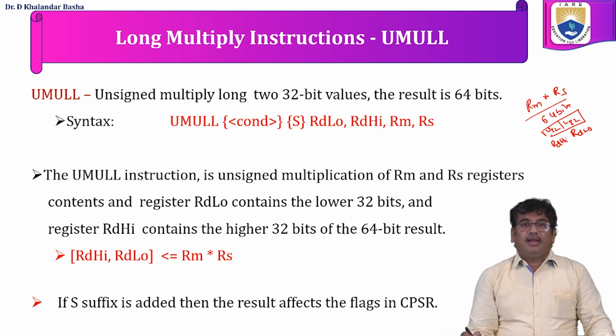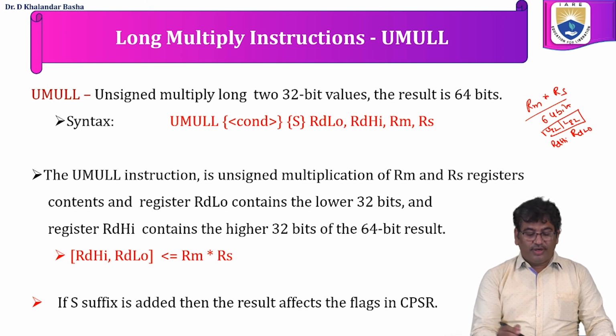The UMULL instruction is an unsigned multiplication of RM and RS register contents, and the register RDLO contains the lower 32 bits of the result, and the register RDHI contains the higher 32 bits of the 64-bit result.